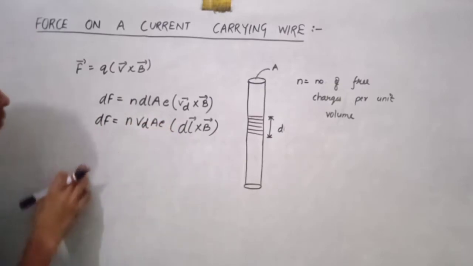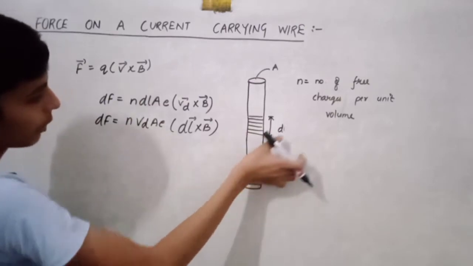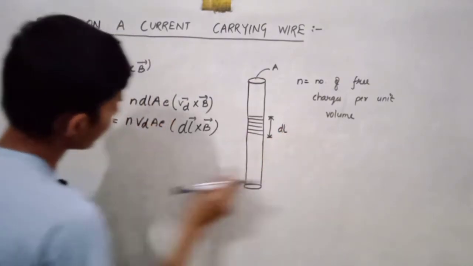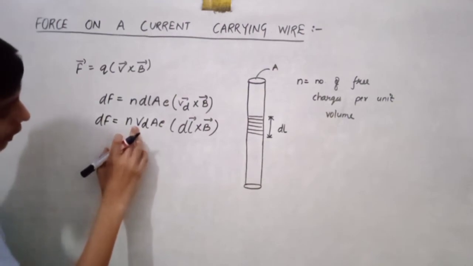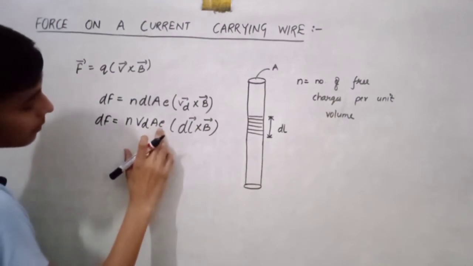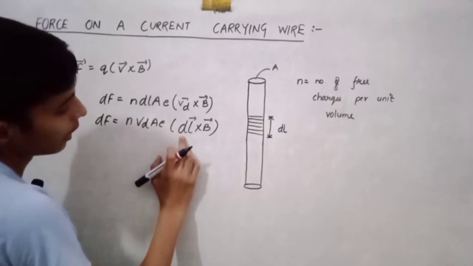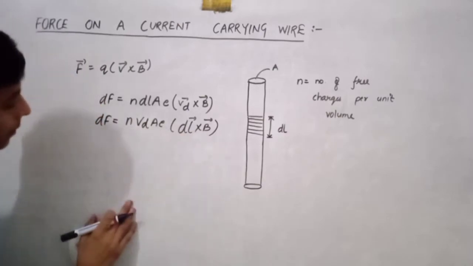So the force due to this small element dl equals n drift velocity into area into electron, dl cross B.